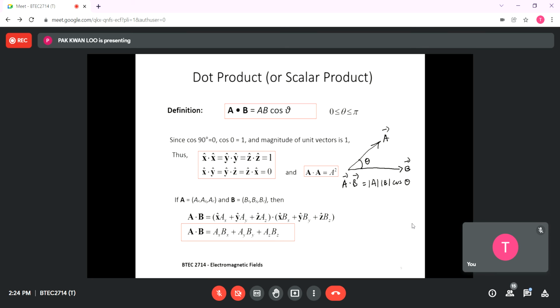If I divide this vector B by the magnitude B, I have B cap, the unit vector in the B direction.